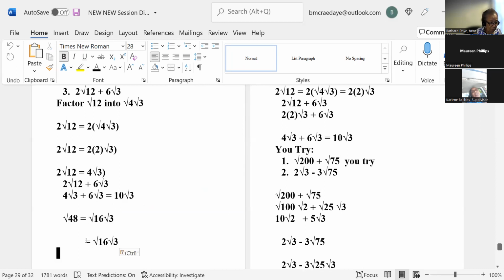So square root of 16 is a 4. And that's it. That's the simplification of the square root of 48. Got it? And these are square roots that you know. So the simplification of the square root of 48, answer 4 times the square root of 3.